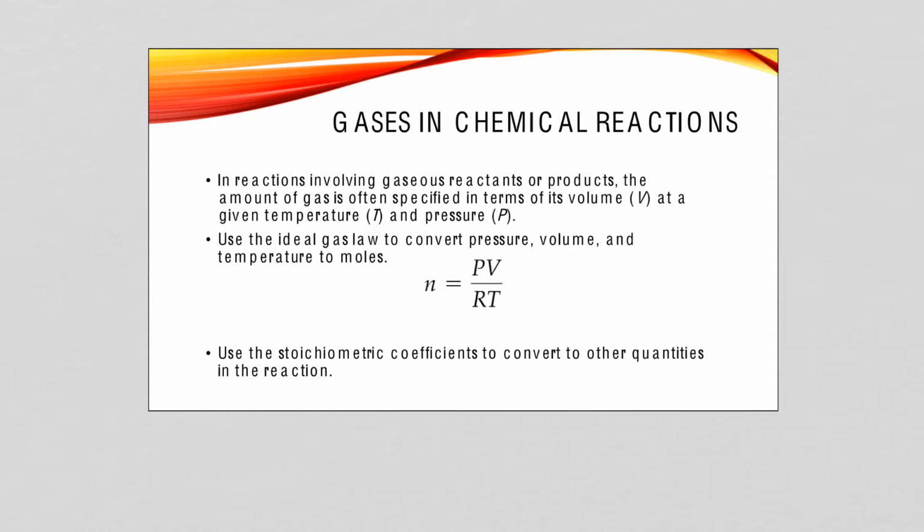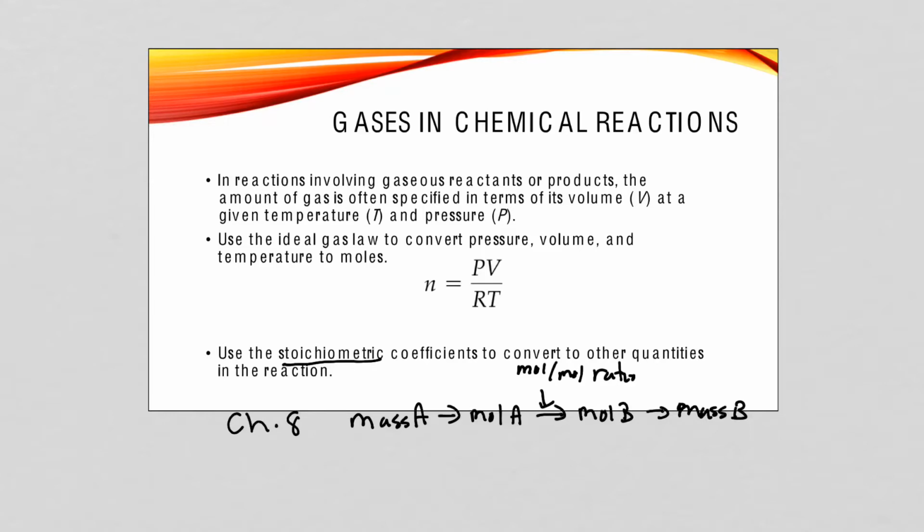You might recall that back in chapter 8 we looked at stoichiometry, and we did a lot of problems where we went from the mass of material A to the moles of material A, and then to the moles of material B in our chemical reaction, and then to the mass of B. The heart of this was these mole to mole ratios that we used to go from the moles of one thing in our reaction to moles of something else.